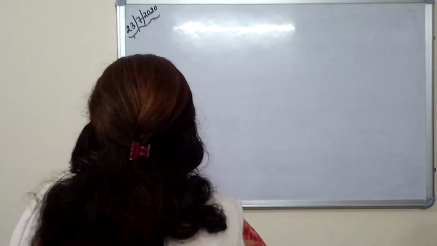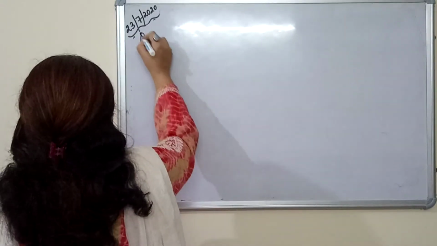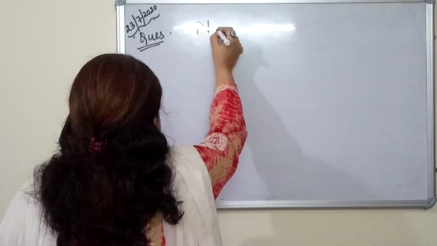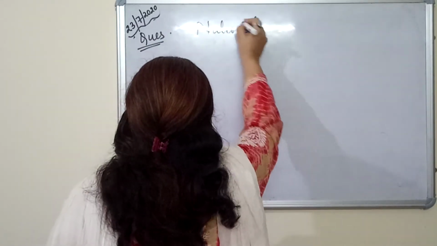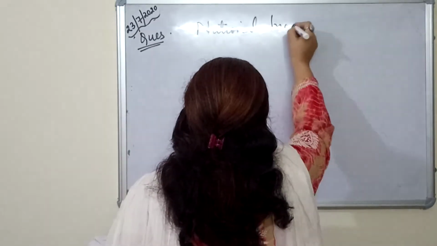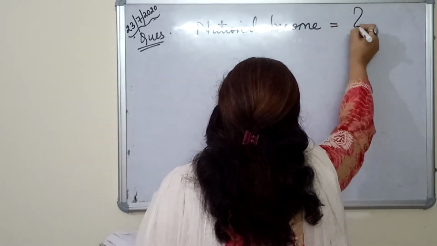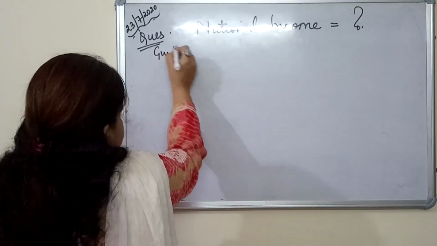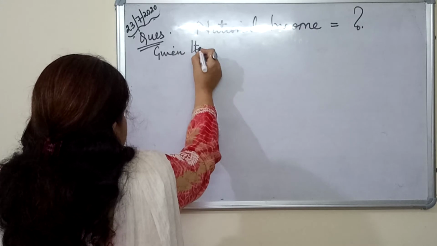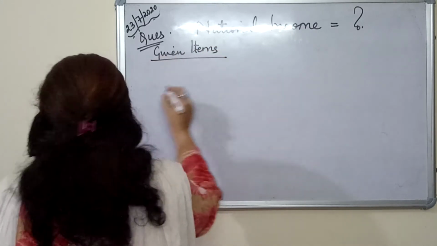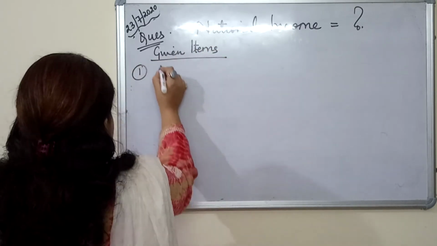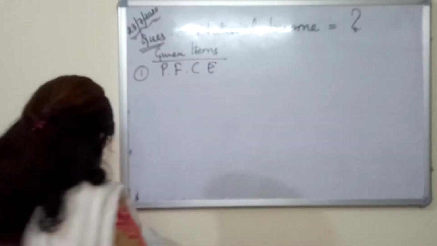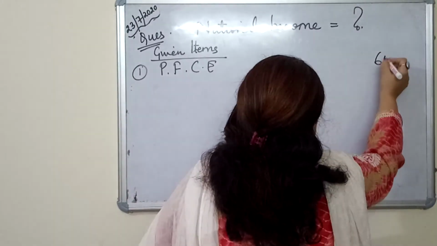Now we will be doing one more numerical on the expenditure method. There is one question in which you have to calculate national income. Now, the given items: one is private final consumption expenditure, which is given as 600.